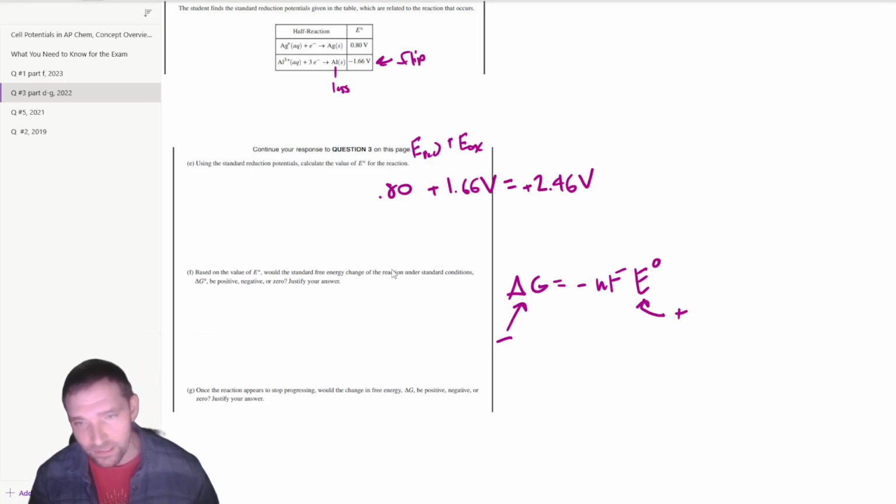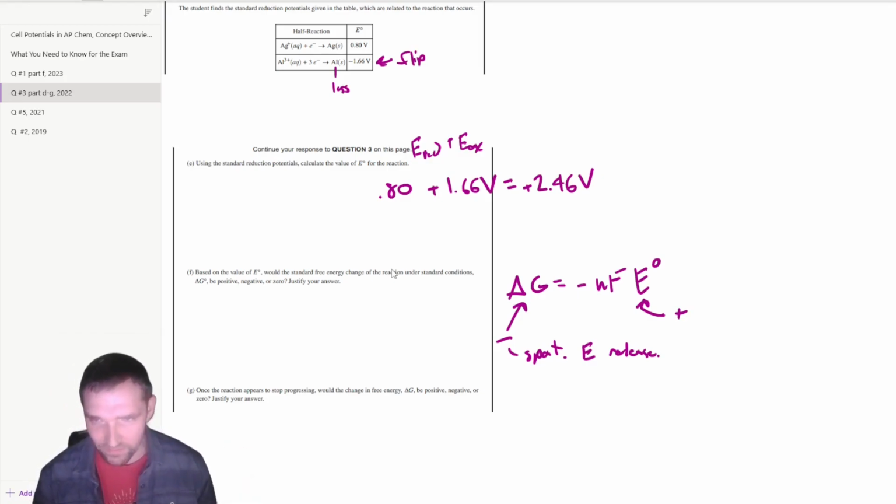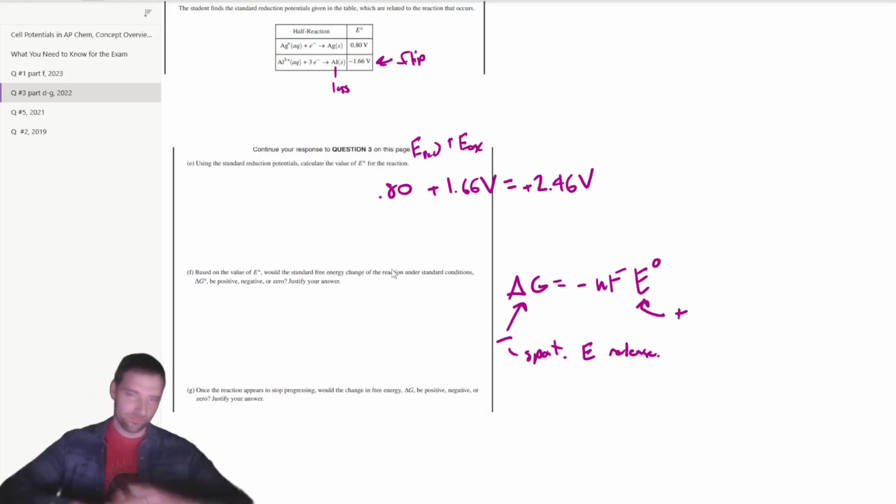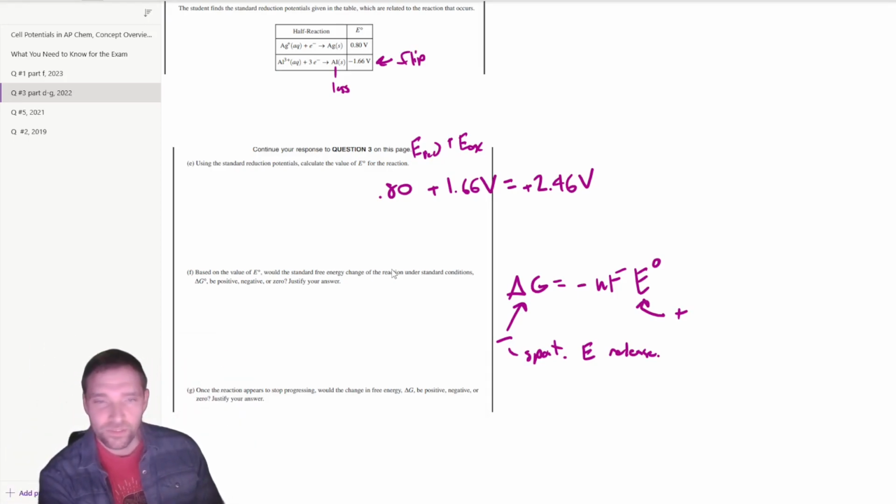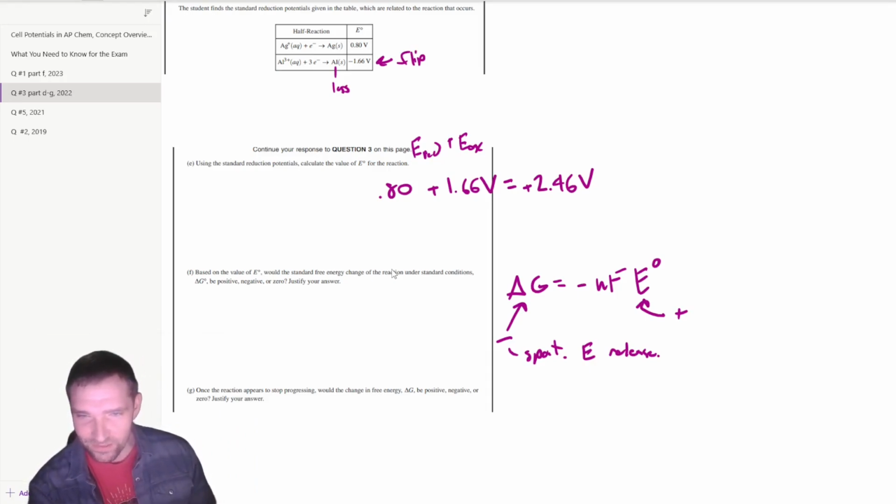So a negative value is spontaneous. And you can talk about that being energy being released, and you can talk about enthalpy and entropy coming together. So there's a net release of energy into the universe, or in the total system of the universe, having the system and the surroundings. So you can justify that with that formula.